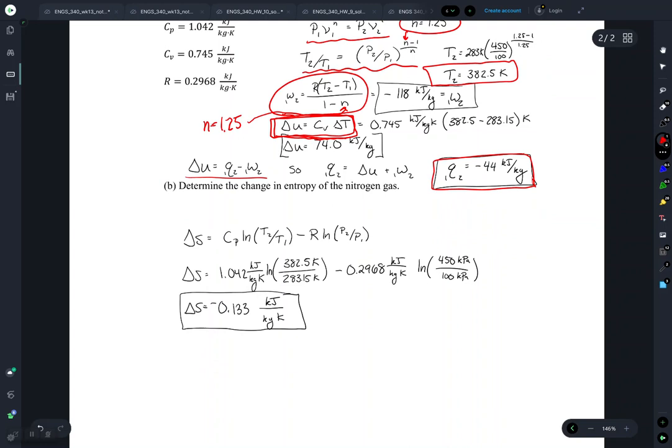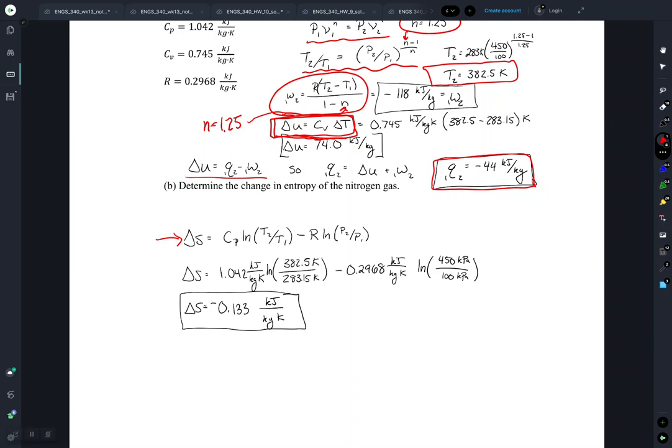To find entropy, we're asking ourselves really, are we a gas or are we a liquid or solid? If we're a gas, we have two equations that look sort of like this one with the arrow next to it, and we can choose the one that we happen to have the best data for.